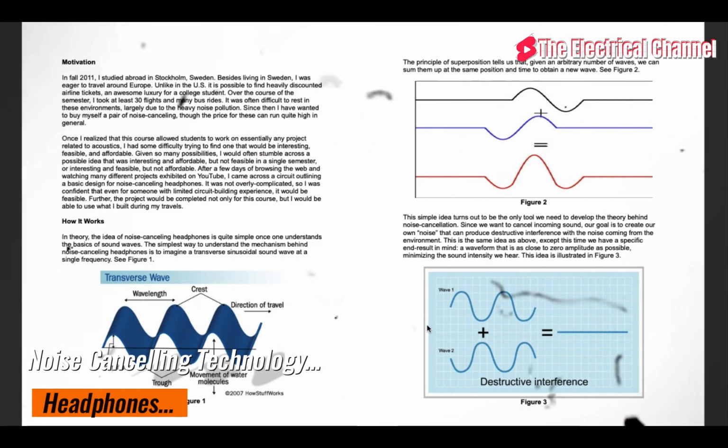This is the same idea as above, except this time we have a specific end result in mind: a waveform that is as close to zero amplitude as possible, minimizing the sound intensity we hear. This idea is illustrated in figure 3.